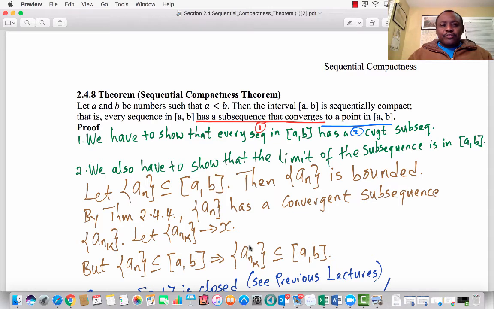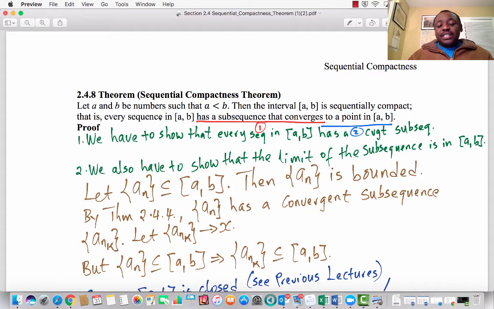Subsection 2.4.8, Theorem, the Sequential Compactness Theorem. The big theorem of the section, with a very simple statement. Let a and b be real numbers such that a is less than b. Then the closed interval [a,b] is sequentially compact. That's it.